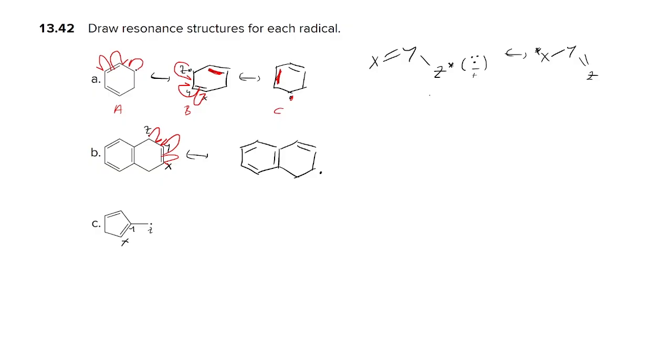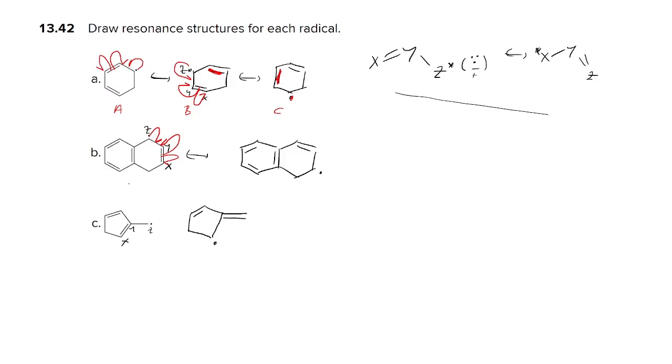So if we apply the same rule here, the pi bond should move between Y and Z, XY should be a single bond, and the radical should be on X. So if we draw the molecule again like this, this pi bond was already there. Here the pi bond should be there and the radical should be here.